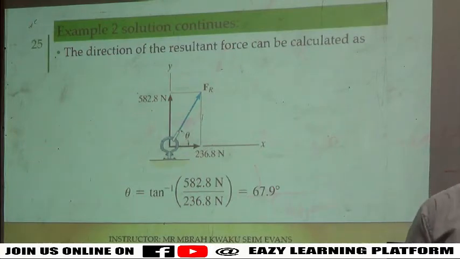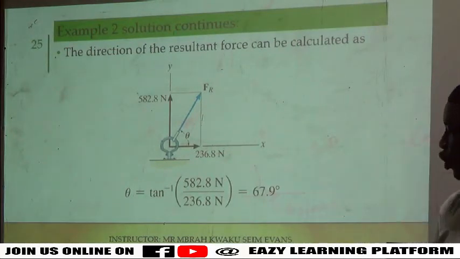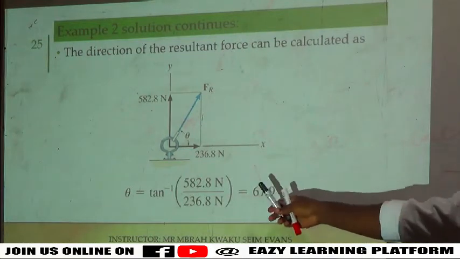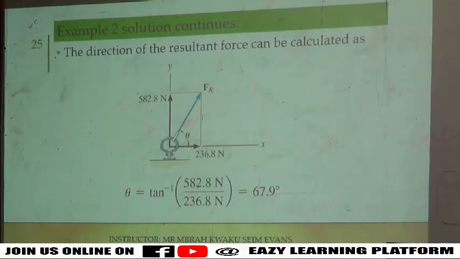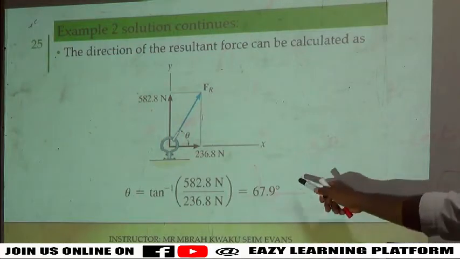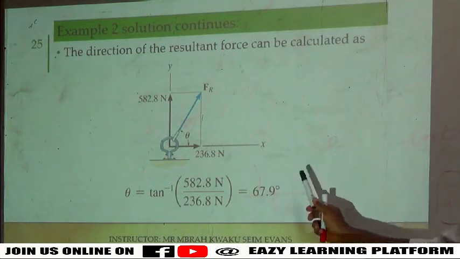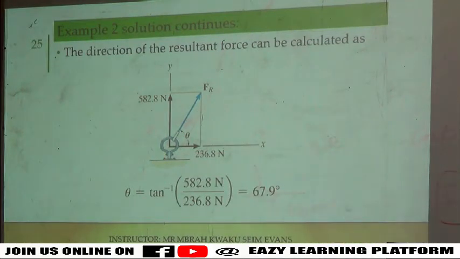Then you do a tan inverse of sigma Fy over sigma Fx, and you get your theta. So theta will be equal to 67.9 degrees. That will give you the value for theta.